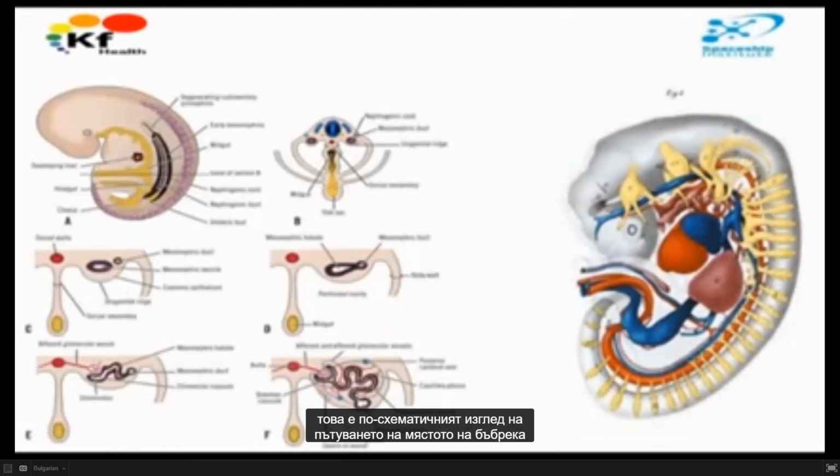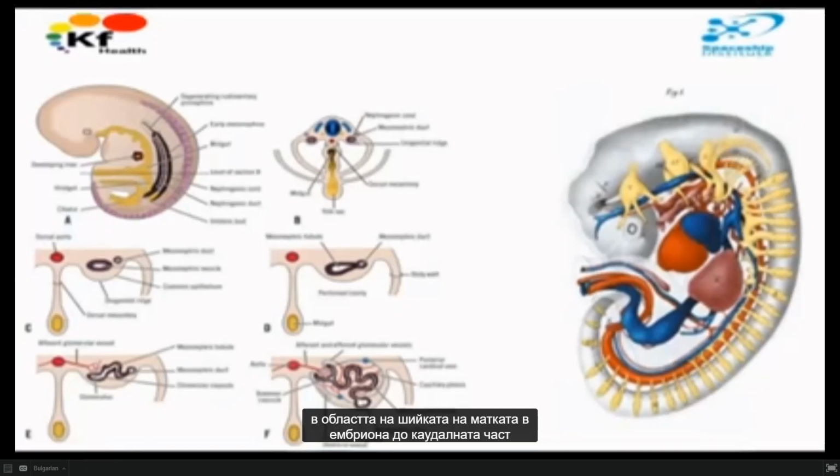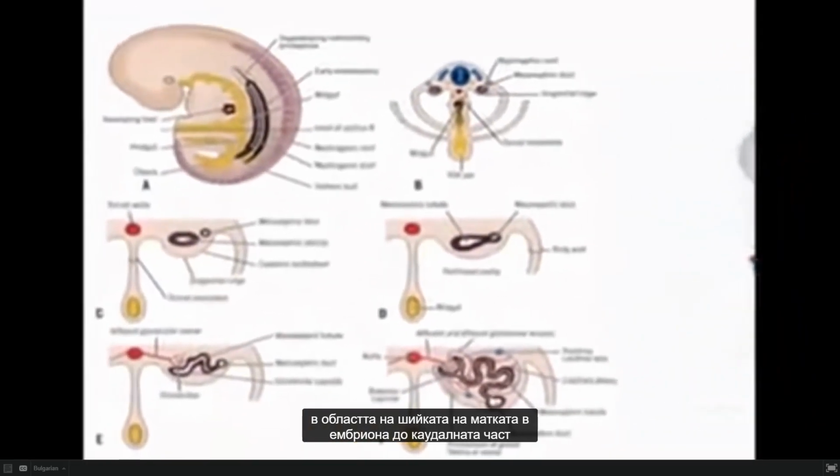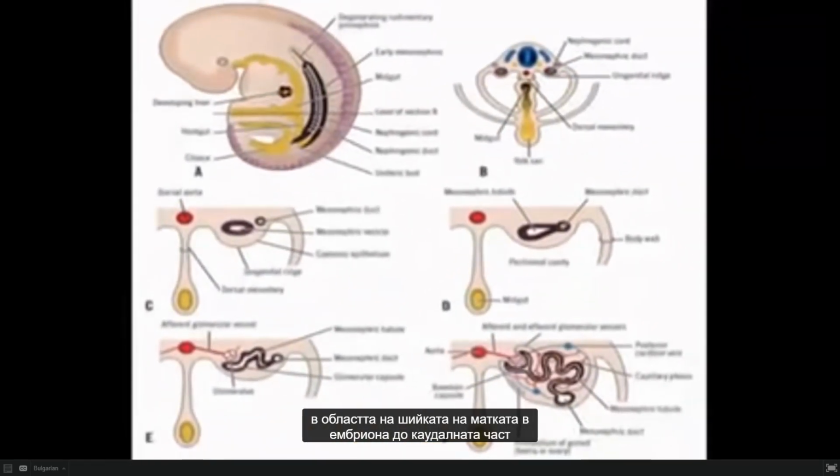This is a more schematic view of the journey of the seat of the kidney from the cervical area in the embryo to the caudal part of our spine area, and how the mesoderm and neuroderm organize each other.